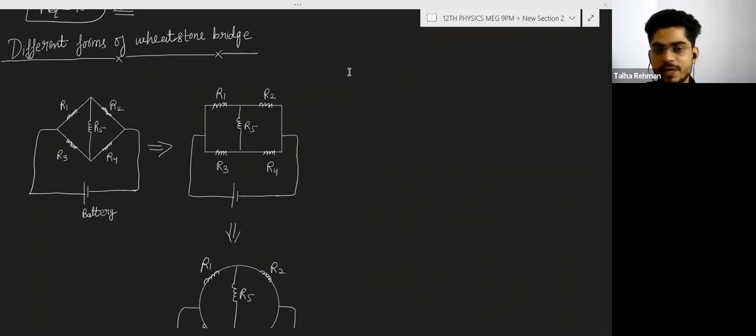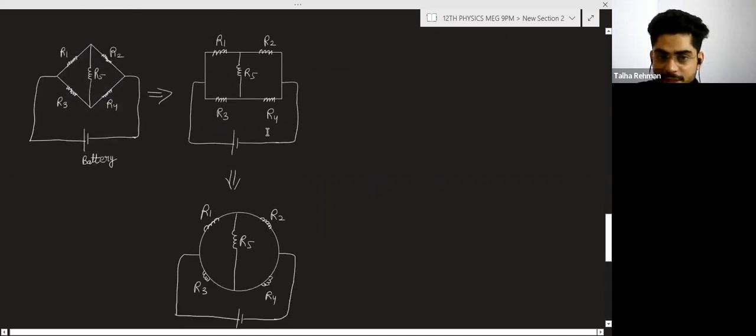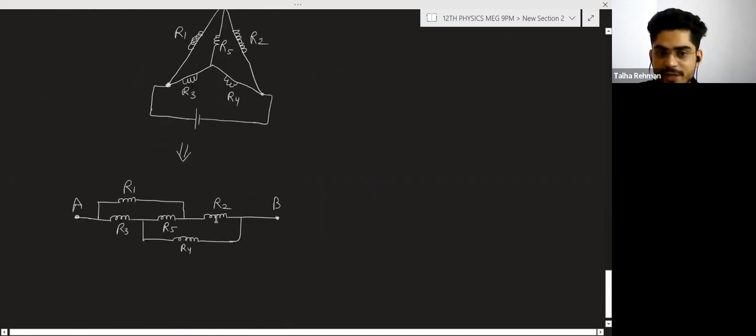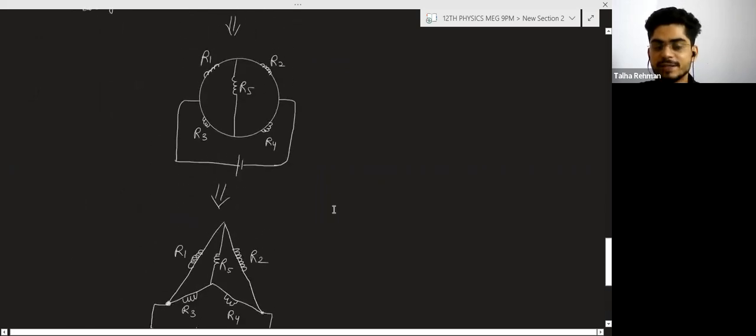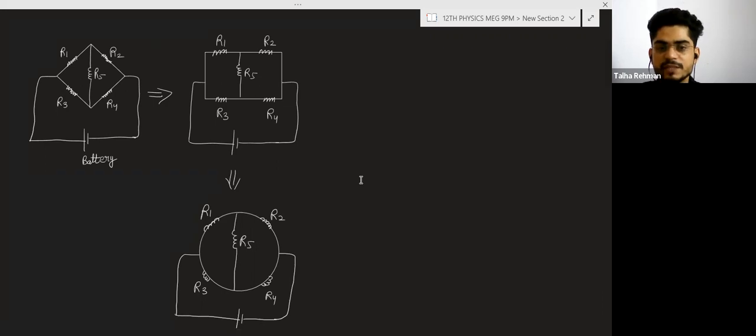So you should know this form, but also this form, this form, and this form. You should also know that these all are forms of Wheatstone bridge. The question can be given in this form also to you. So please take the screenshot of this, or if you want to note it down, then you can note this.